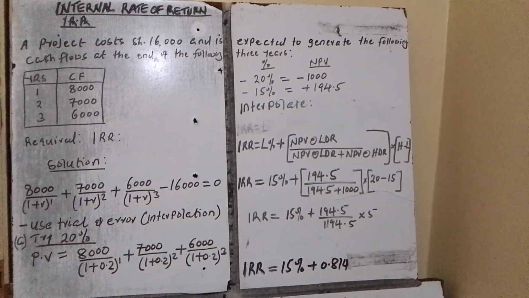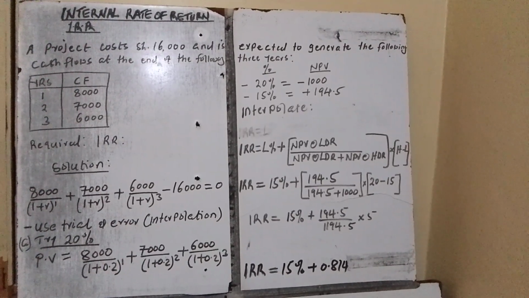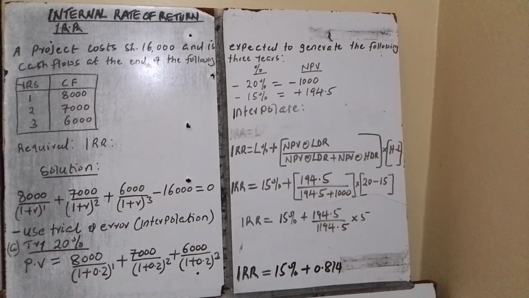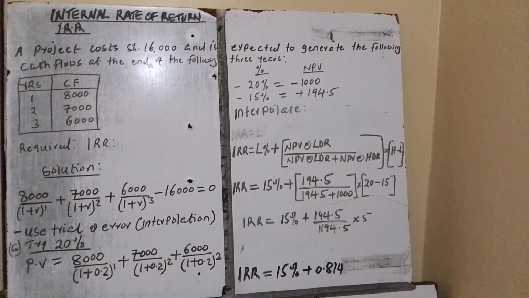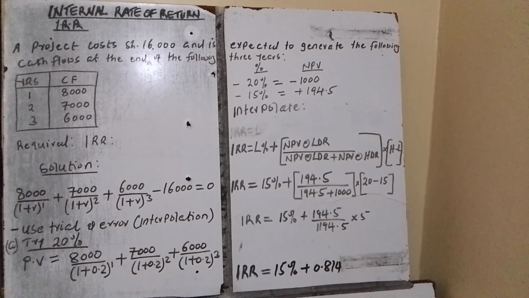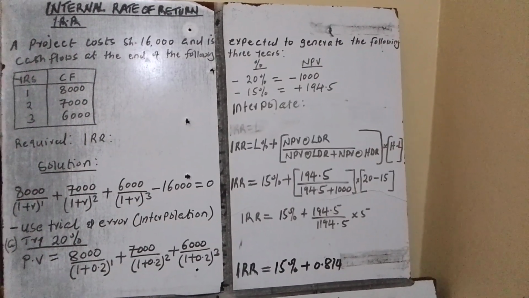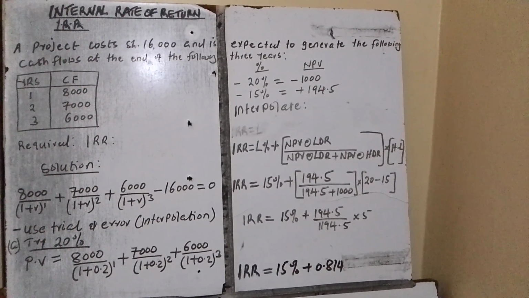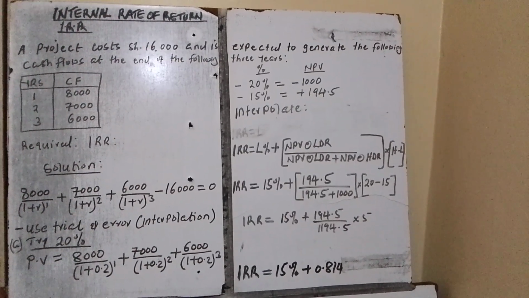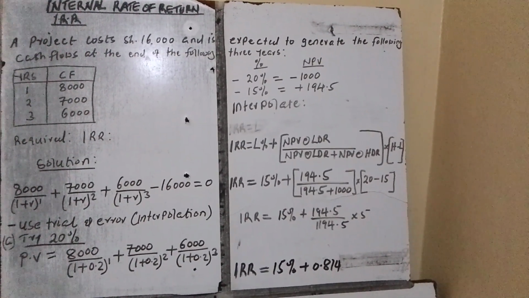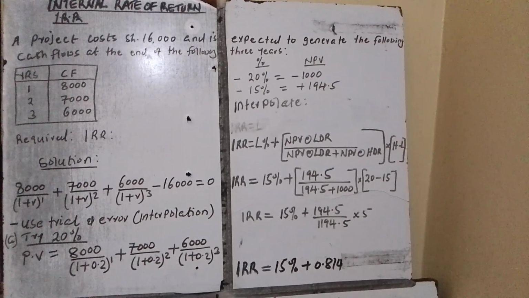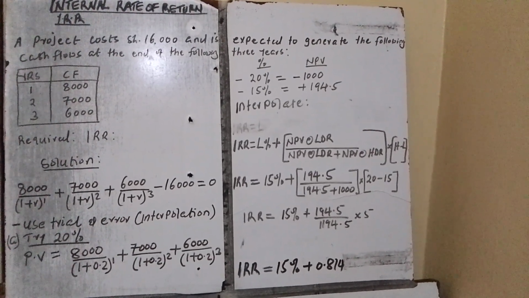Now, we want to look at how to calculate that rate which can equate your net present value to zero. That is a rate that you can apply in calculating the net present value, and it will give you neither a positive nor a negative net present value.